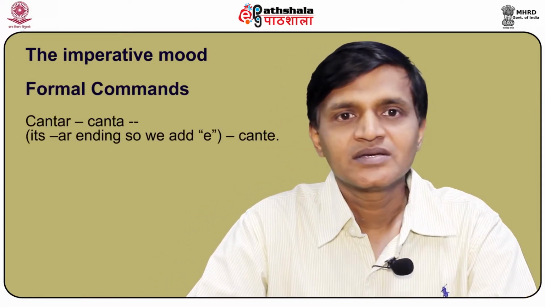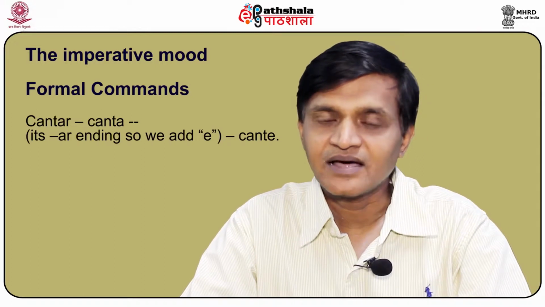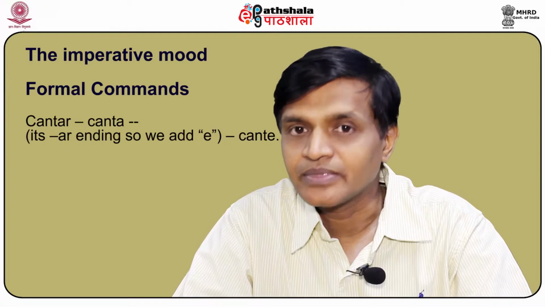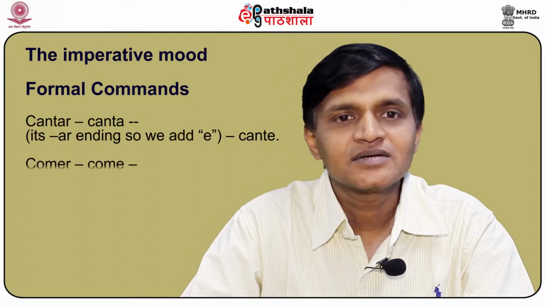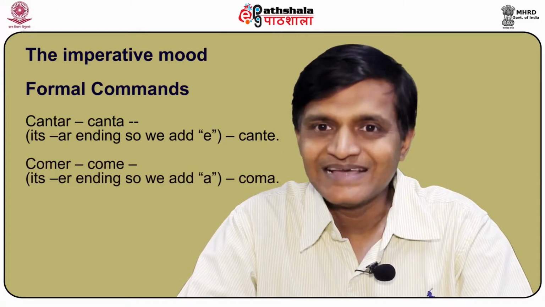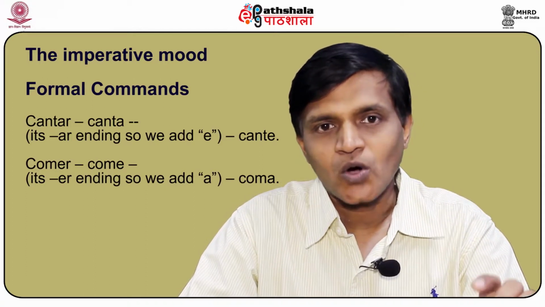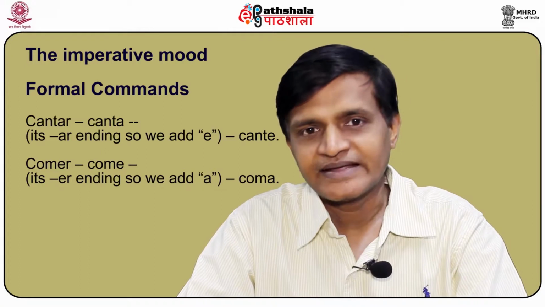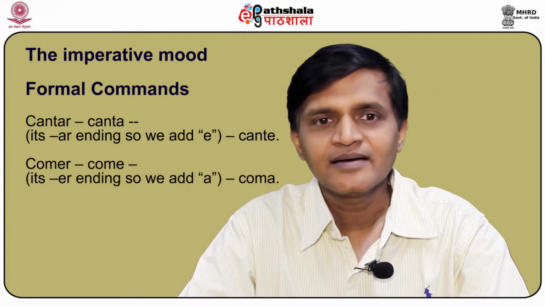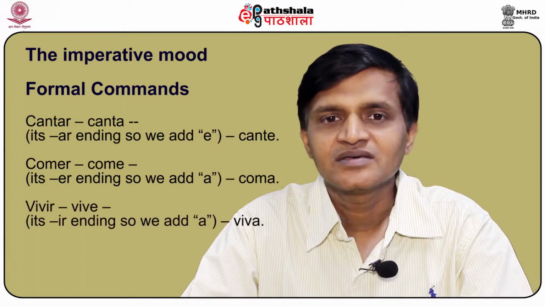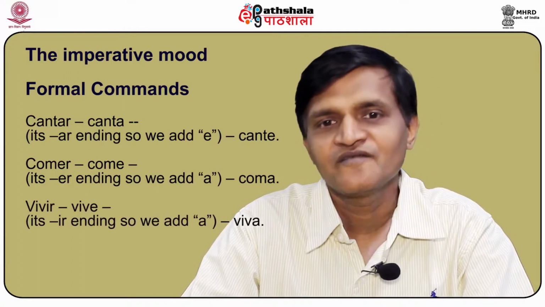So cantar is conjugated as canta, it's an AR ending, so we add E, cante. Comer is come, it's an ER ending, so we add A, coma. So all we have to do is, canta, we put an E; comer, we put an A; and in a case like an IR ending verb, vivir, vive, IR ending, so we add A, viva.